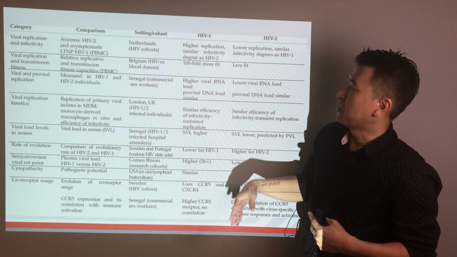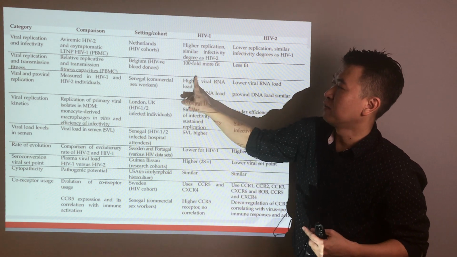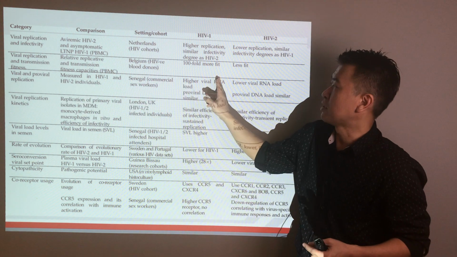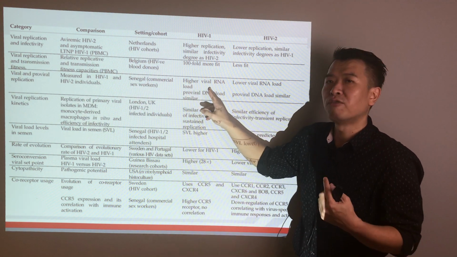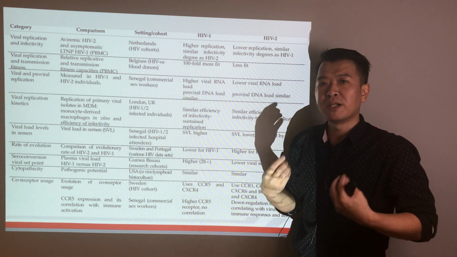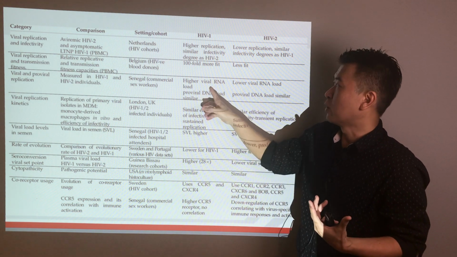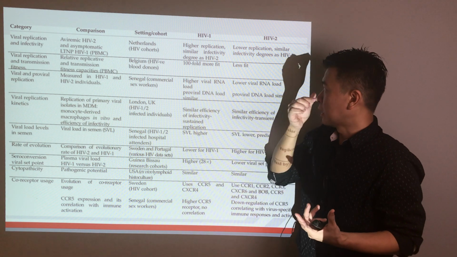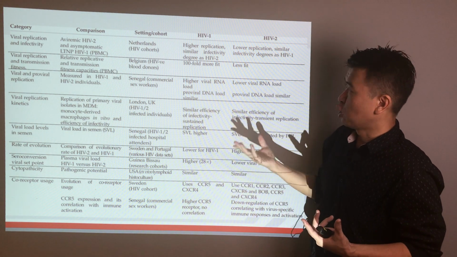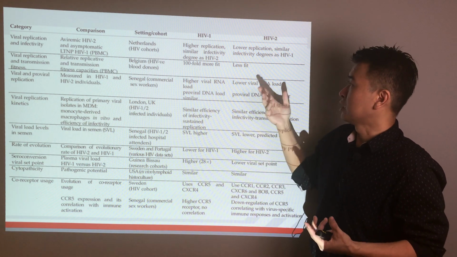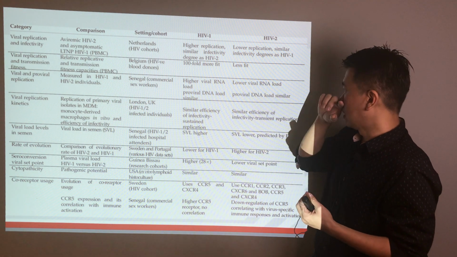Because it replicates faster, when you observe proviral replication, you can see that it has a higher viral RNA load, meaning that when the virus infects the cell, it replicates faster, and of course when it replicates faster, you will have more RNA in the cell as compared to this one, which replicates slower. So it's quite straightforward and quite logical.